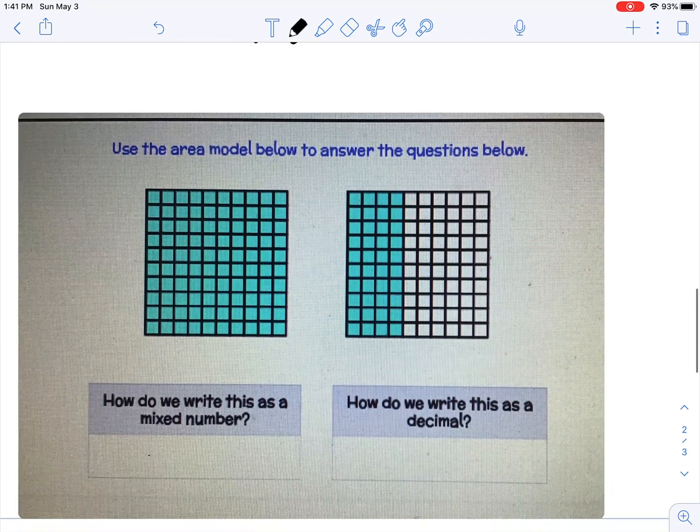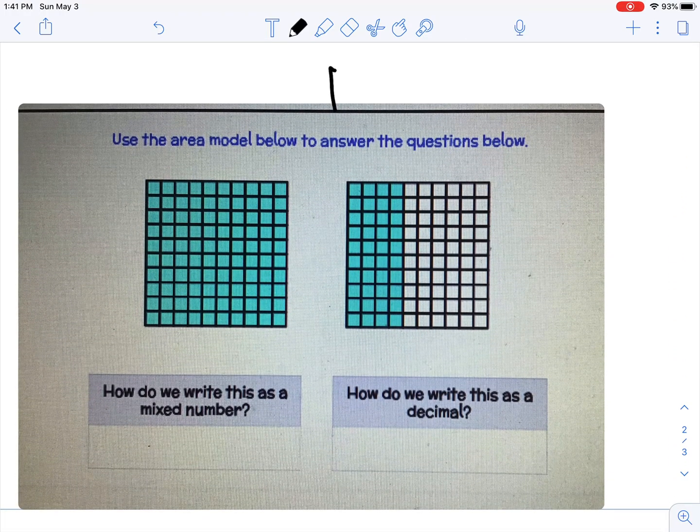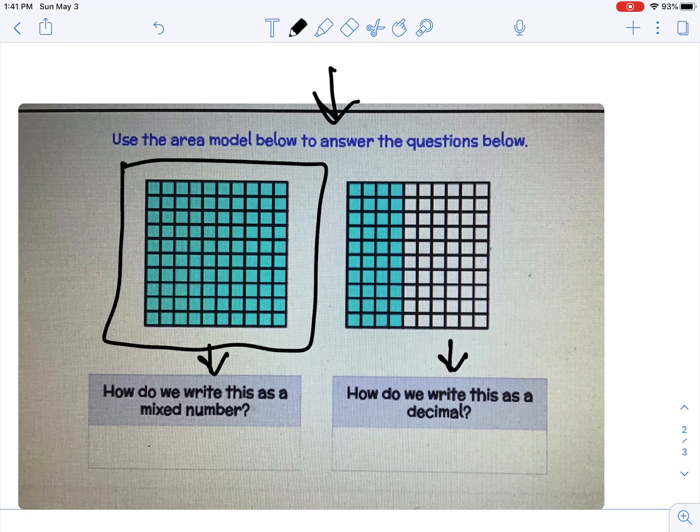All right, so now I'm going to have you do that. I want you to look at this problem down here, and use the area model and write the number that's being shown as a mixed number using a fraction, and then write it as a decimal over here. Okay, so for the mixed number, you have one whole area model shaded in, so there's your whole number, and you want to figure out the fraction part.